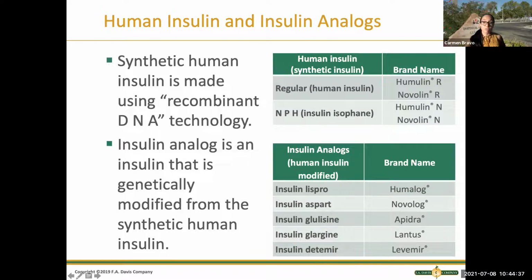These are all the different brand names. You need to memorize the two different types and their corresponding insulins. This one slide has a lot for you to memorize. Again, one is DNA technology, synthetic, and the other is made out of genetically modified synthetic human insulin.